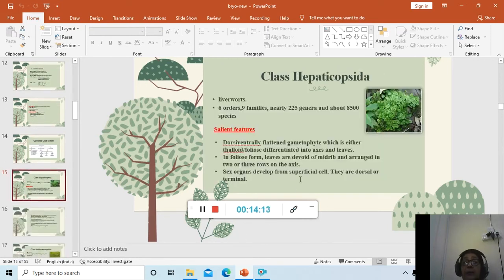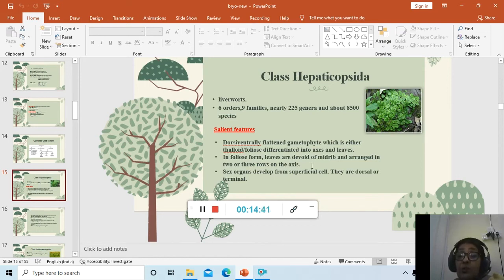Then about the class Hepaticopsida, it is called liverworts, and has 6 orders, 9 families and almost 225 genera under 8,900 species. Important characters of Hepaticopsida: ventrally flattened thallus, that is the gametophyte, which is thalloid or foliose, and differentiated into axis and leaves.